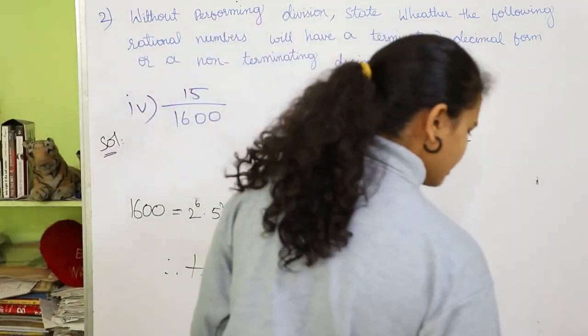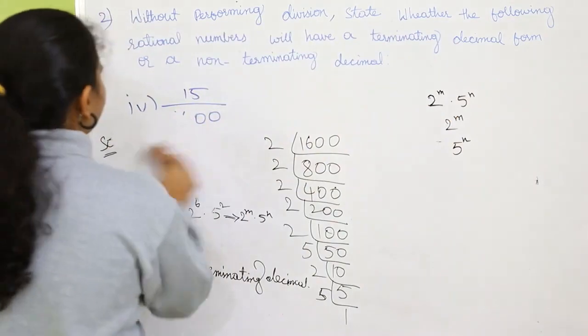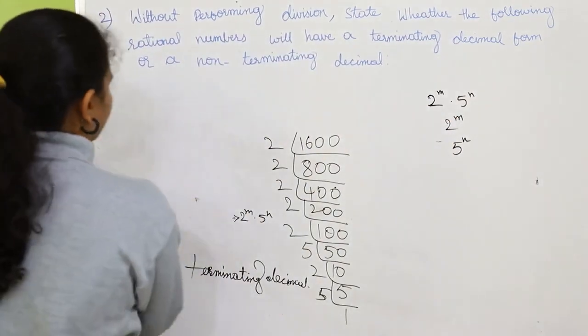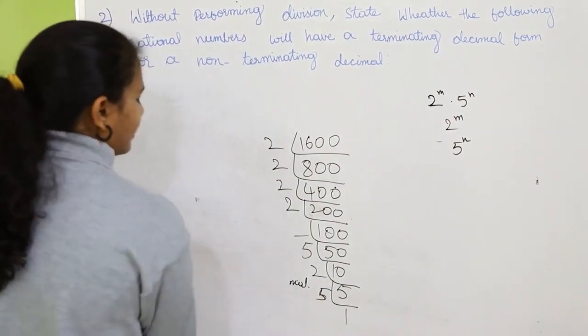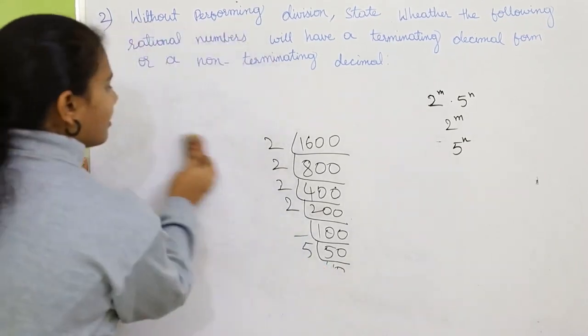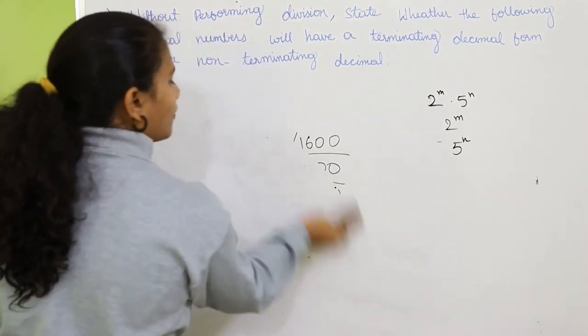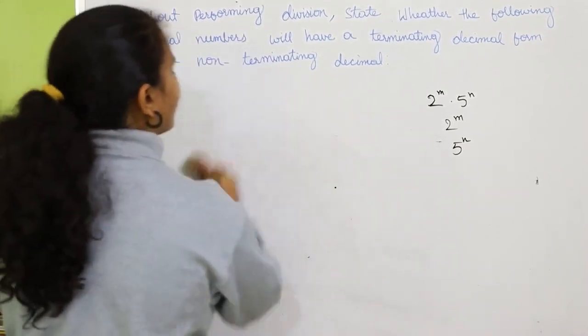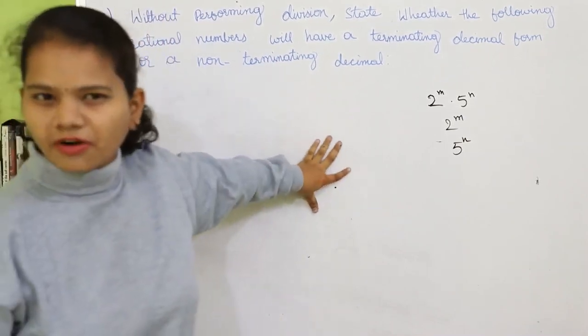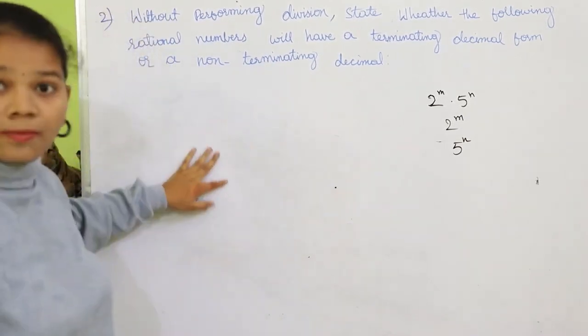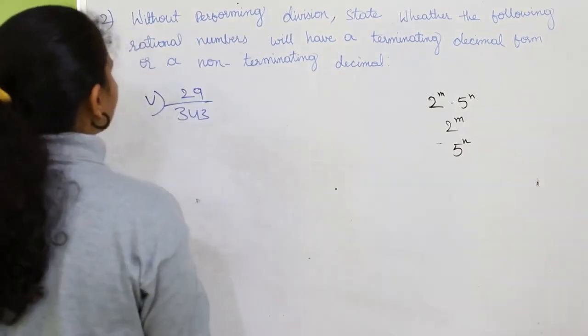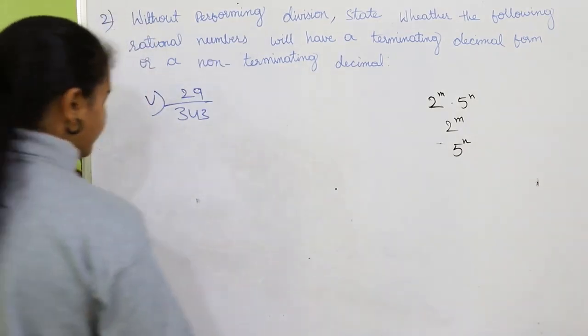Fifth one. 29 by 343. Okay guys, when we are listening about the 343, do we have any cube for 343? Yeah, 7 cube is 343, right? So here coming back to 29 by 343, our solution would be.